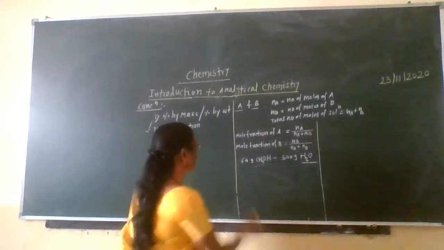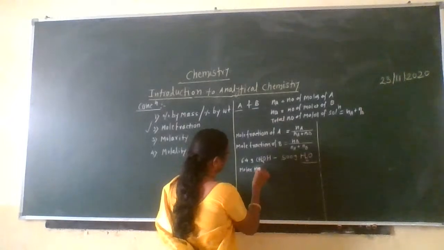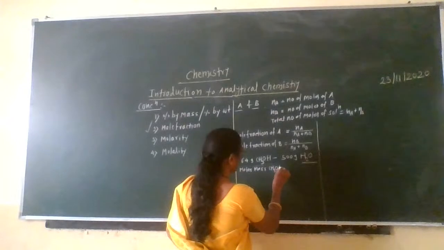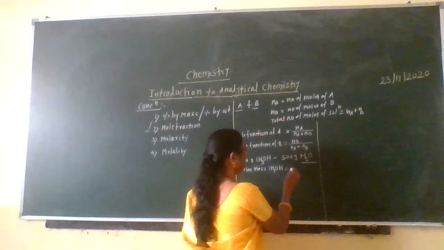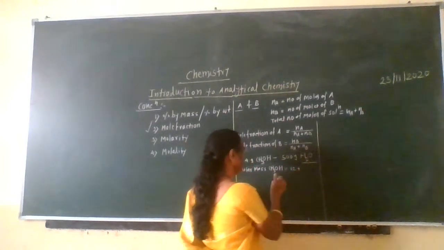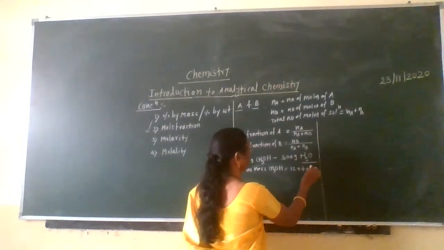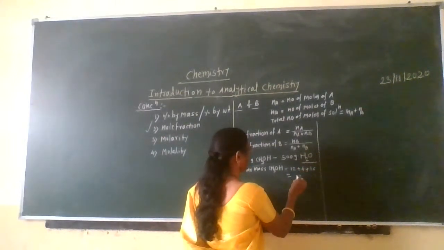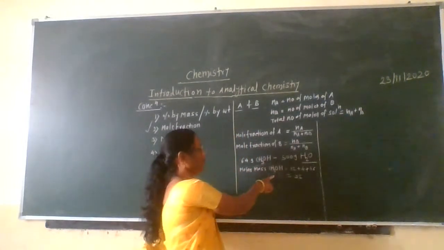Molar mass of methyl alcohol: CH3OH is the formula for methyl alcohol, and from the formula we can calculate, for carbon 12, plus there are 4 hydrogen, so 4, and plus only one oxygen, that is 16. 12 plus 4 is 16, plus 16 gives 32. 32 is the molar mass of the methyl alcohol.